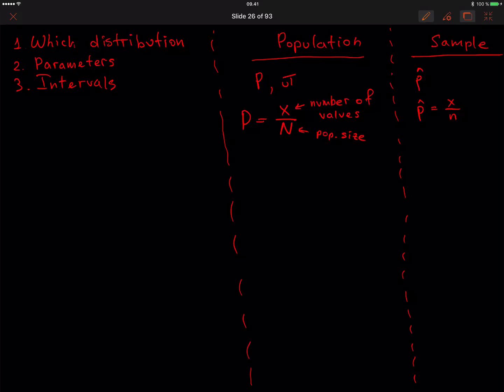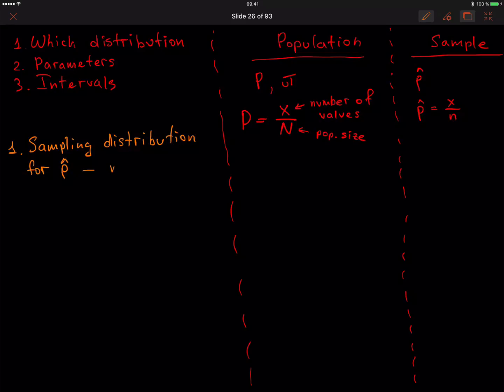Let's start with some general things. First of all, the sampling distribution for proportion. It means that if we take many samples and look at how the proportions for the samples from the same population are distributed, it is normal.